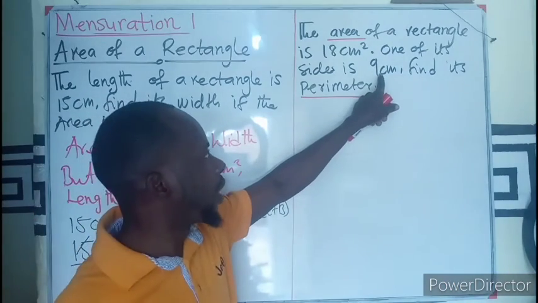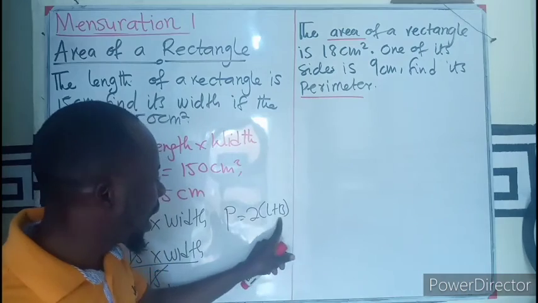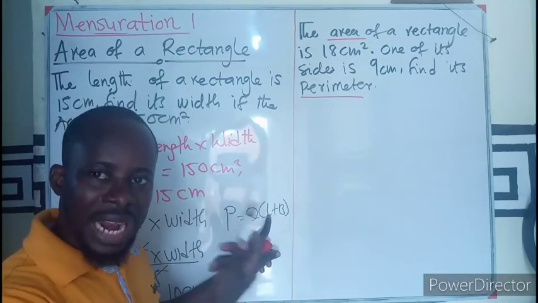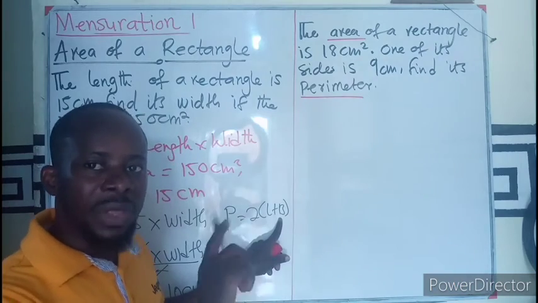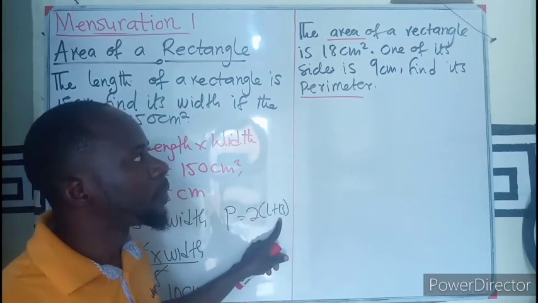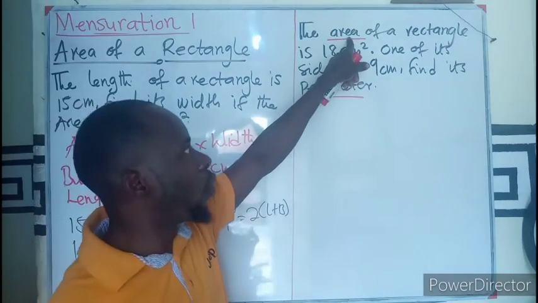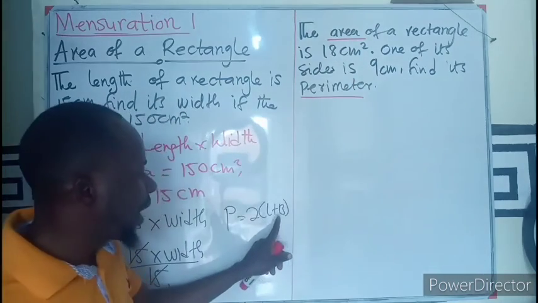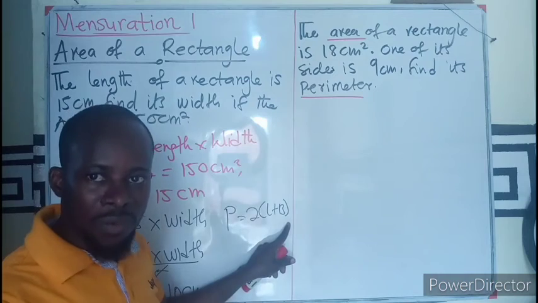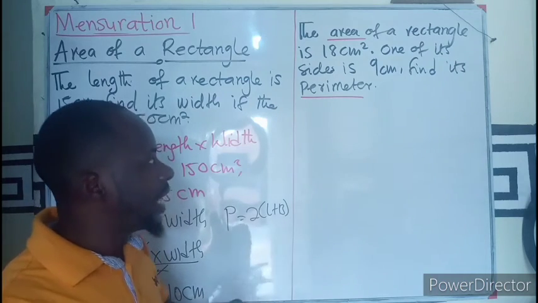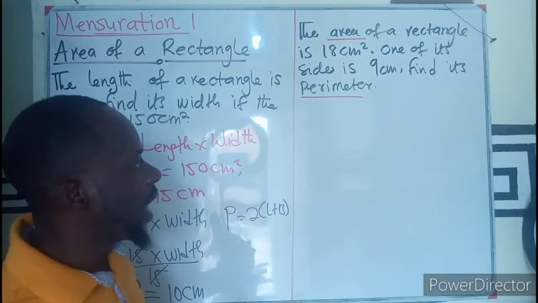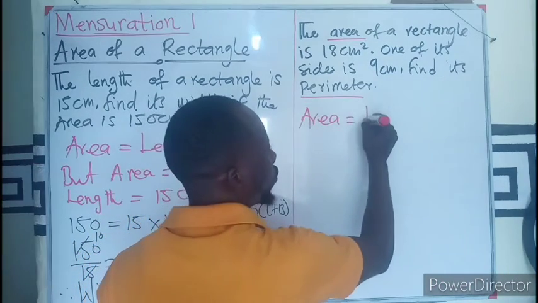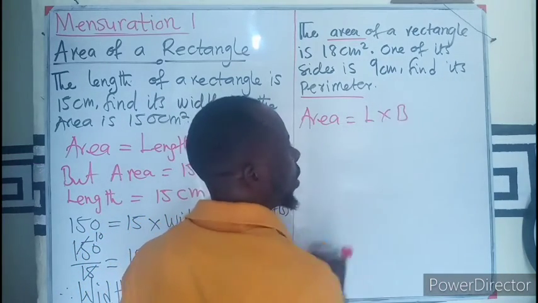Meaning I need the two sides in order to find the perimeter. But in the question, one of the sides is given, the other side is not given. So it means we can take 9 to be the length or the breadth. Anyhow you take it, the answer remains the same. So I have to go back to the area and see, can I use the area to find the other side that I'm looking for? So I will begin with area of a rectangle equals length times what?